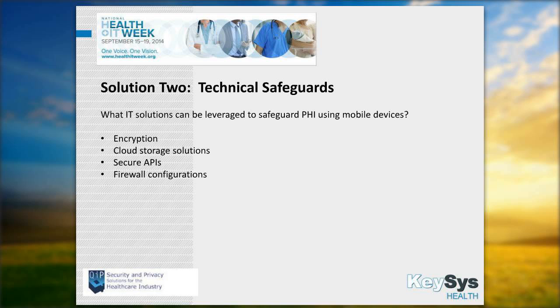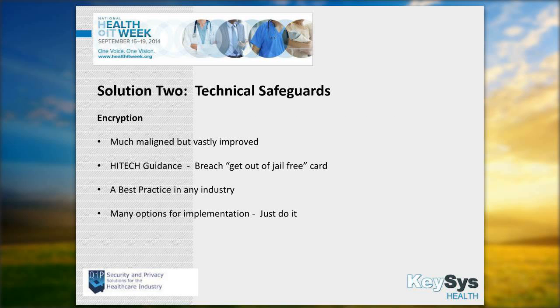The gold standard for any of these is to ensure that PHI is suitably encrypted in transit or at rest, of course. And speaking of encryption, I think this is the big bugaboo that everyone is dealing with right now. It's a much maligned piece of software, I would say. It's vastly improved. I think some people feel like, oh, it just deteriorates our performance too much. We can't encrypt all that stuff.